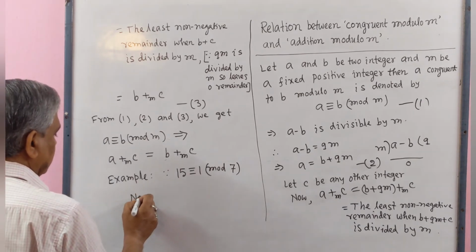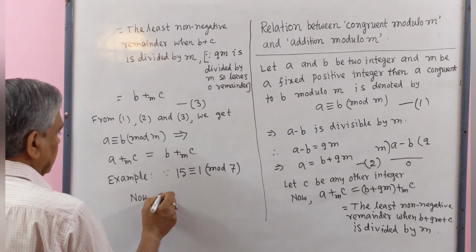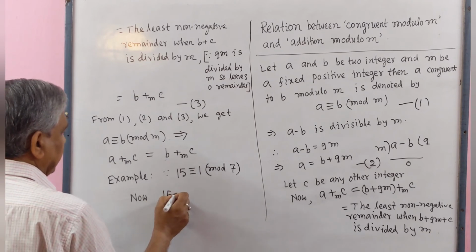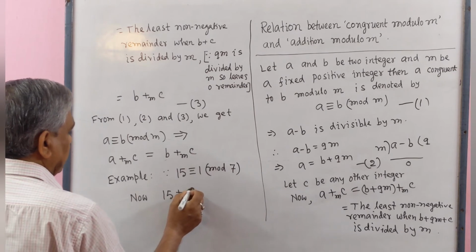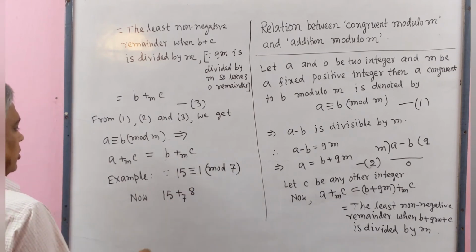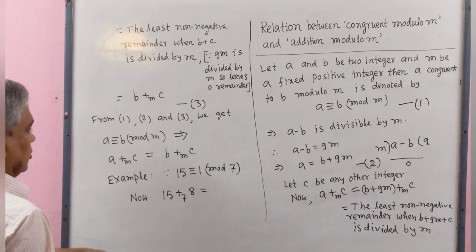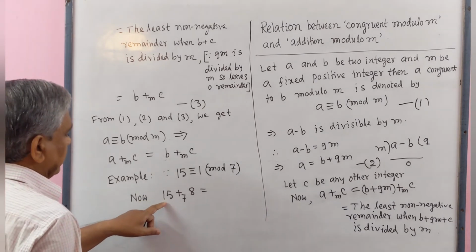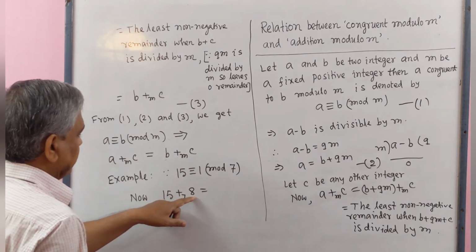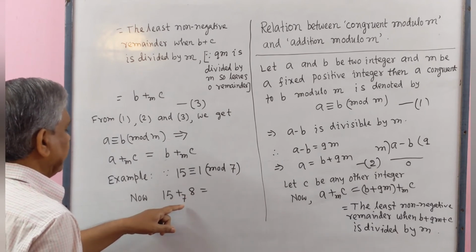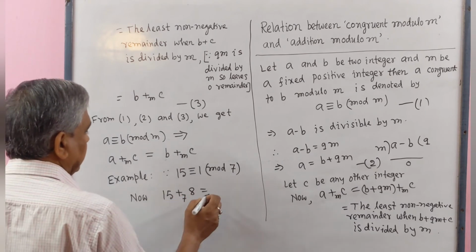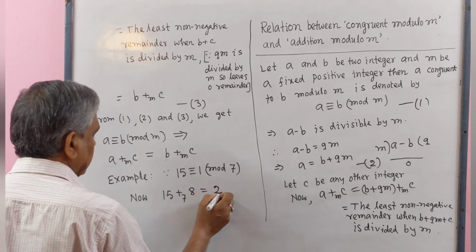Now 15 addition modulo 7, 8 equal to, this is 15 plus 8, 23. When 23 is divided by 7, remainder is 2.